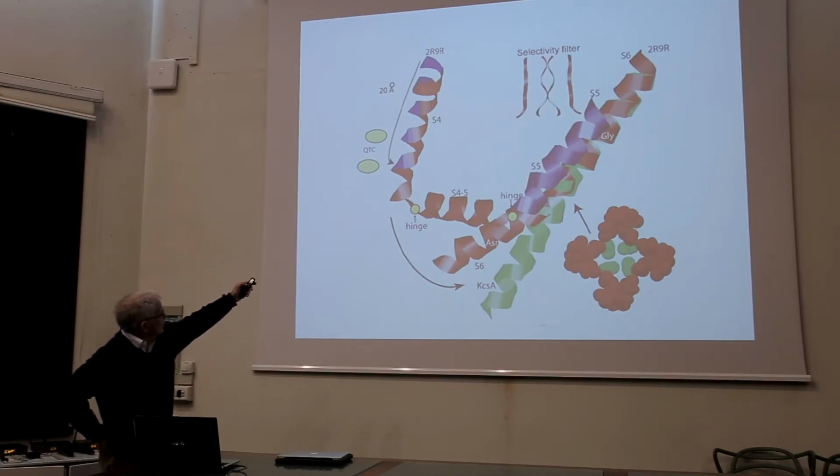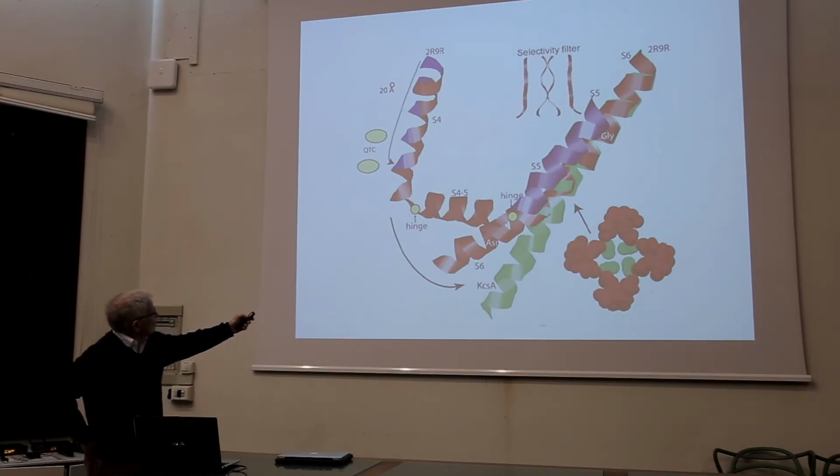This would be the open state drawn here. It moves downward and does something like this. It pushes this S4-5 group in such a way that it pushes this S6 over to the position that it is in the closed potassium channel.